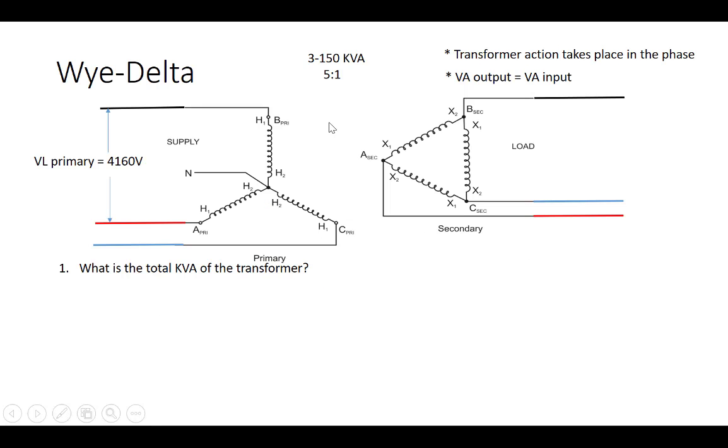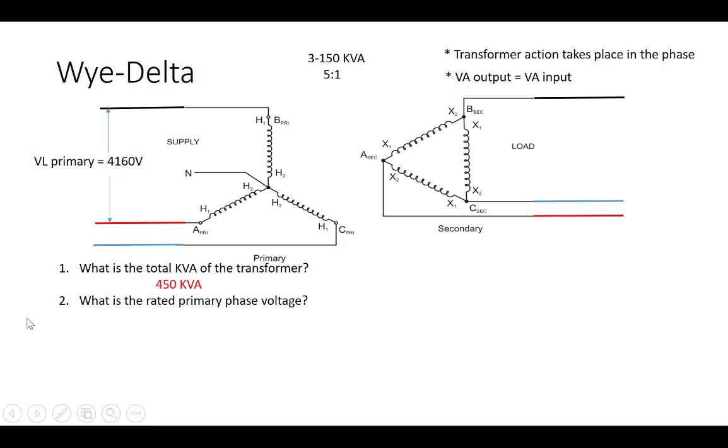Now, if we have a certain rating for the 3 transformers that we connect together to give us this 3-phase connection, we can calculate some values for the overall transformer. If we are using 3 150 kVA single-phase transformers to make this 3-phase connection, the total VA of this 3-phase connection using 3 150 kVA transformers will be 450 kVA.